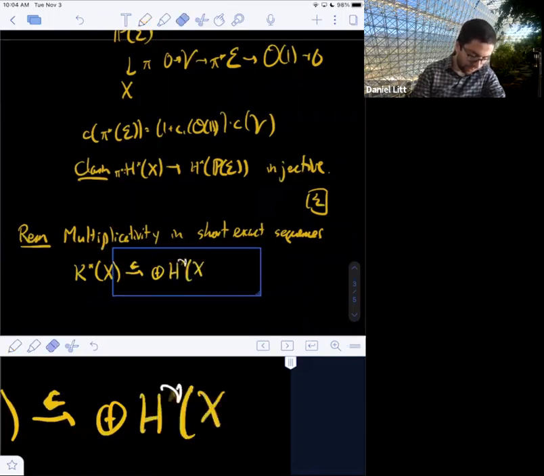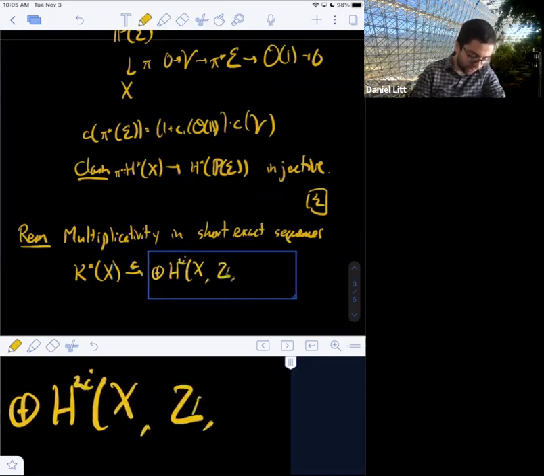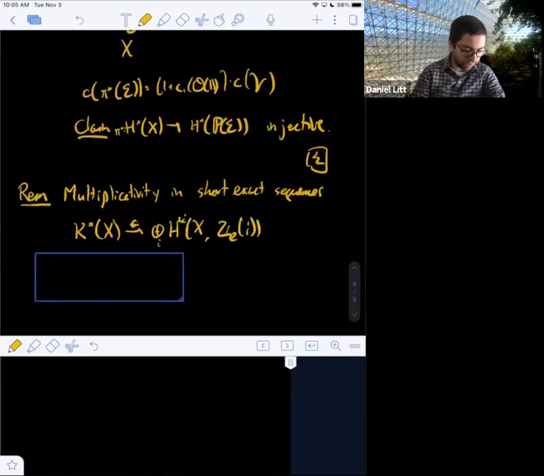Sorry, this should be the direct sum over i of H^{2i} with coefficients in Z_l(i). So we get a map like this. This is just a map of sets, or it's really a multiplicative map.